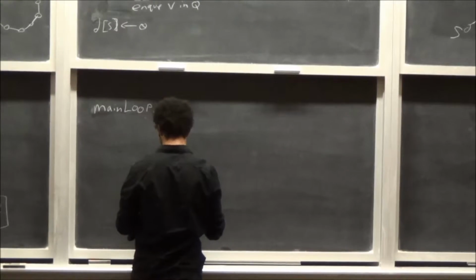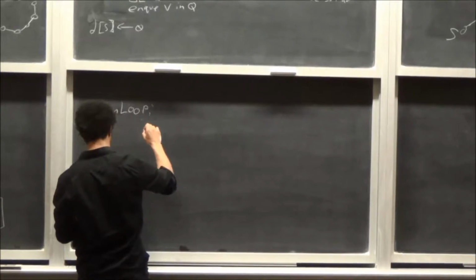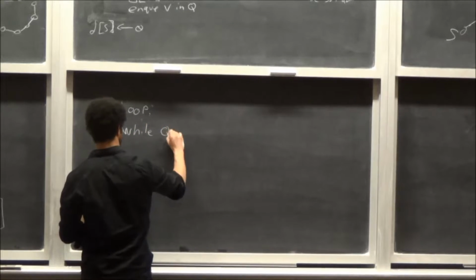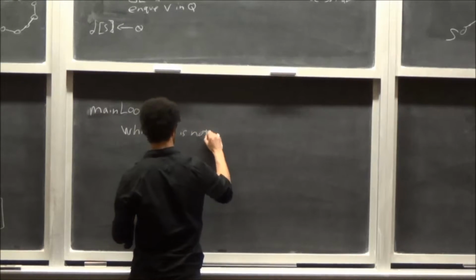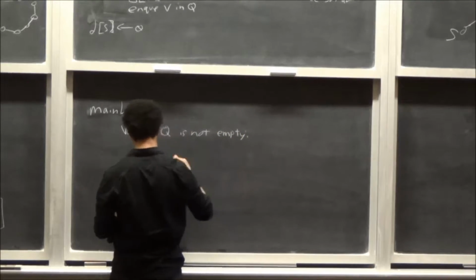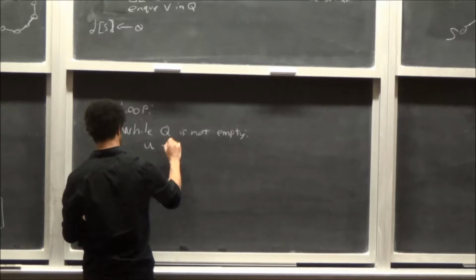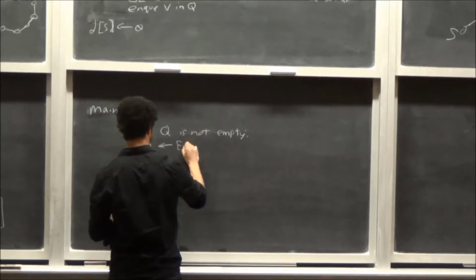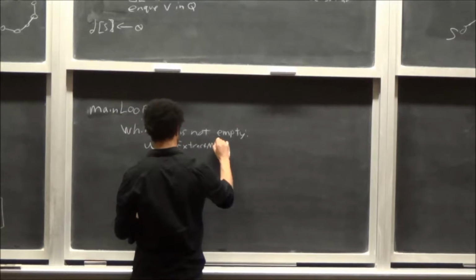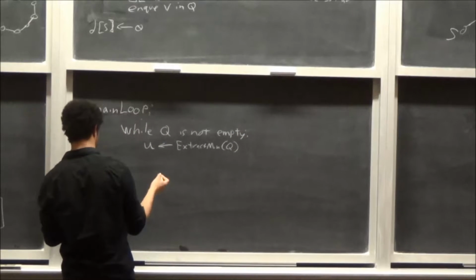So in our main loop, the general idea is that we just say while the queue is not empty, we're going to grab some element u, as the textbook's sort of take on it. So it's the next element up according to the priority queue.